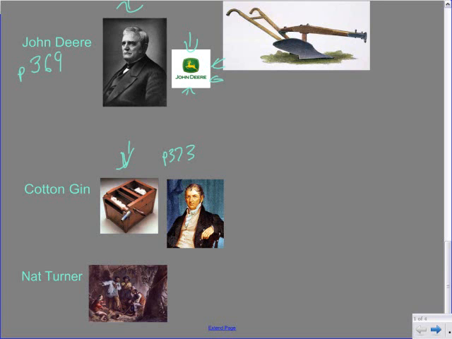And because more and more cotton is being picked, more and more cotton can be put into the cotton gin and cleaned. So the cotton gin is a direct cause of slavery in the South being increased, and that's because it encourages these southern farmers to grow more cotton, and if you're growing more cotton, you need more slaves. So that's what ends up happening in the South, greatly in part to the cotton gin.